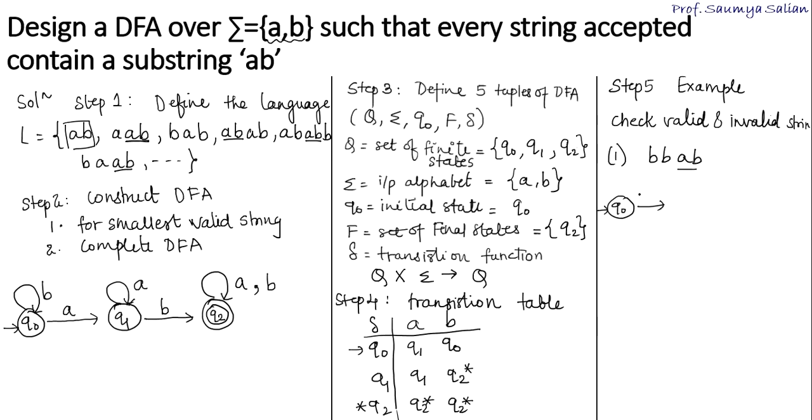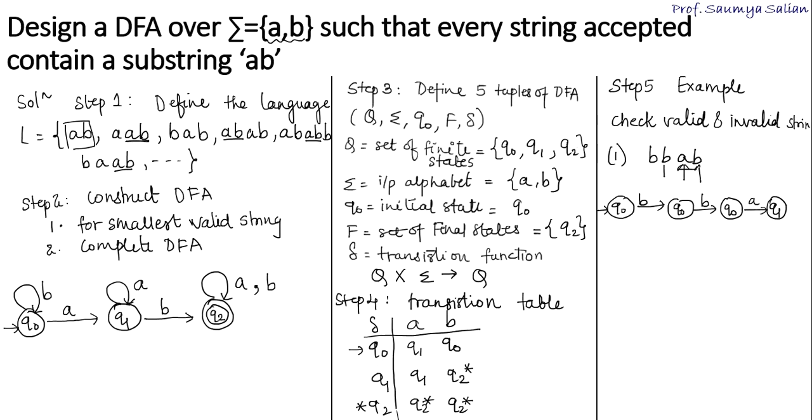If I get a B, I am in state Q0. Next input is B, Q0 on B stays in Q0 itself. Next input is A, Q0 on A goes to Q1.